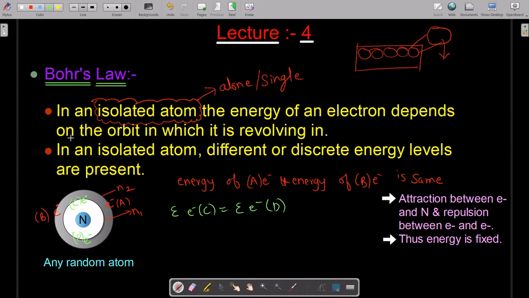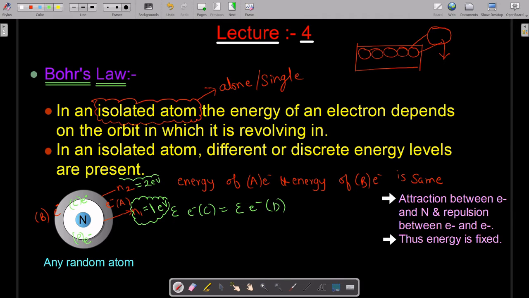Now, in an isolated atom, different or discrete energy levels are present. So this is an isolated atom. For our better understanding, I know this won't be true, but to explain in detail, I'm considering that the energy level of the N1 shell, or K shell, is 1 electron volt, and that of shell 2, or orbit 2, is 2 electron volt.